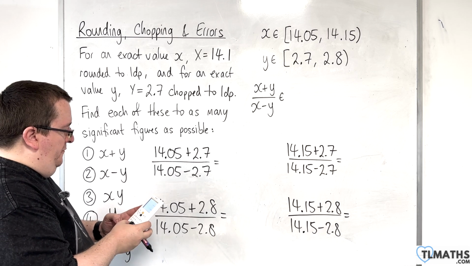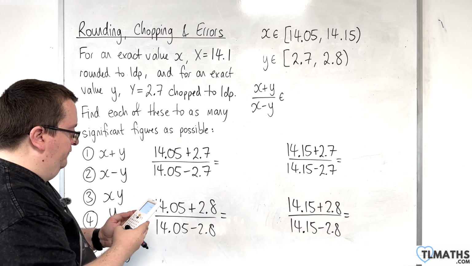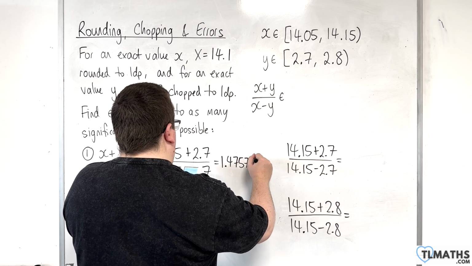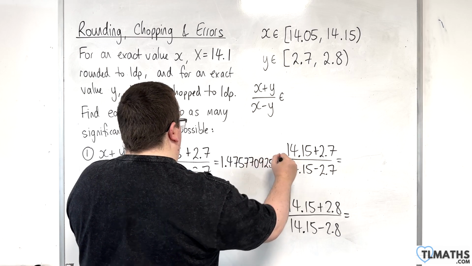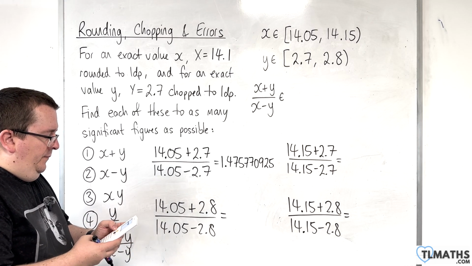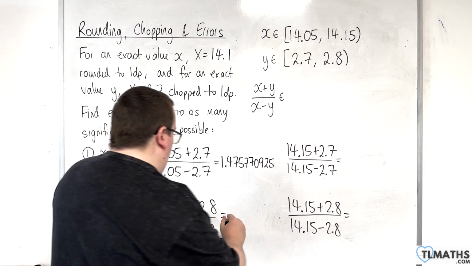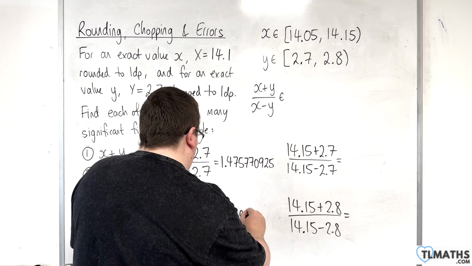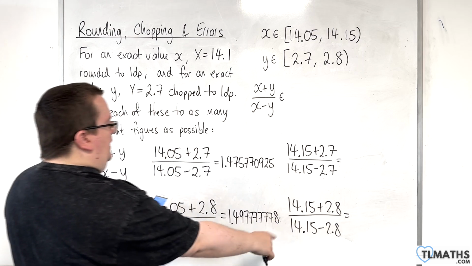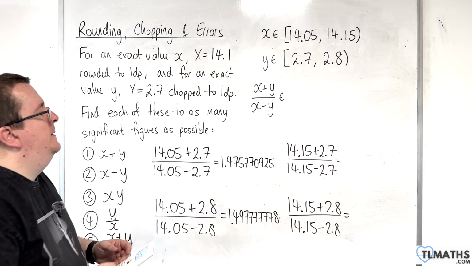So we've got 14.05 plus 2.7 over 14.05 take away 2.7. So this is 1.475770925. This one, let's change the 2.7s to 2.8s. We get 1.497777778. So I'm assuming that's 7 recurring, and it's just the calculator's rounded the last figure.